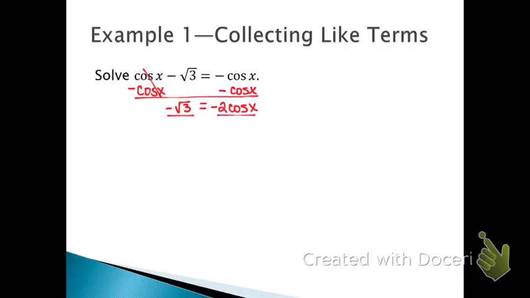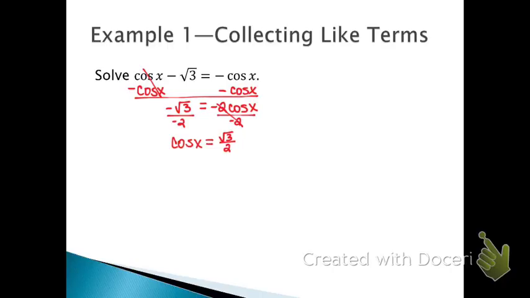Divide by the negative 2. And so I'm going to put my cosine first. So cosine of x equals, what's a negative divided by negative? Positive. So we got a positive square root of 3 over 2.